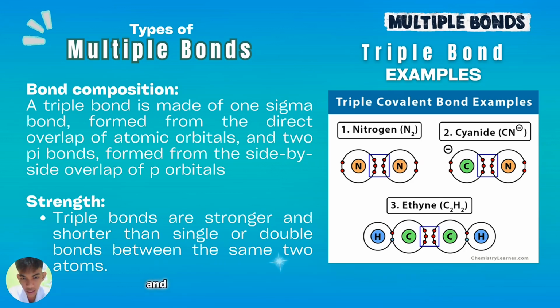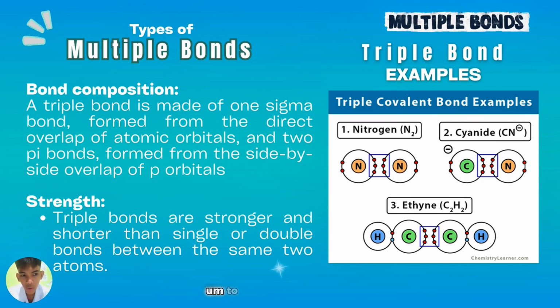And in case you're wondering why and how it has a total of 8 valence electrons now that there's only 7 red dots?